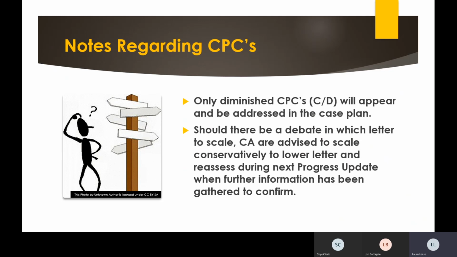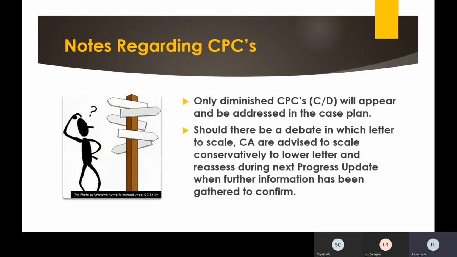Now, I also want to let you know that should there be a debate into which letter to scale, I have here CAs, and my apologies because I did not clarify what that acronym means. That means the child advocate or the case manager. They are advised to scale it conservatively. If they are debating whether it should be a B or a C, we advise them to scale it conservatively lower, so C, and then to reassess during the next progress update when further information has been gathered.